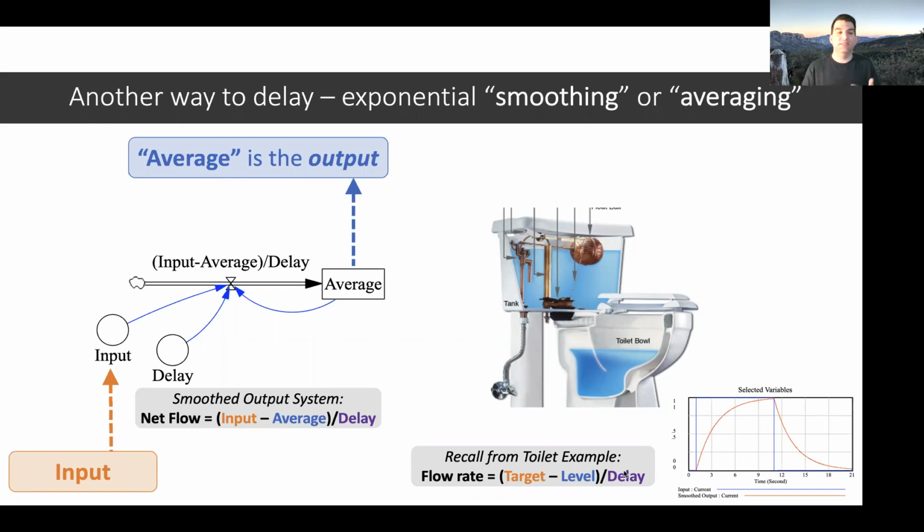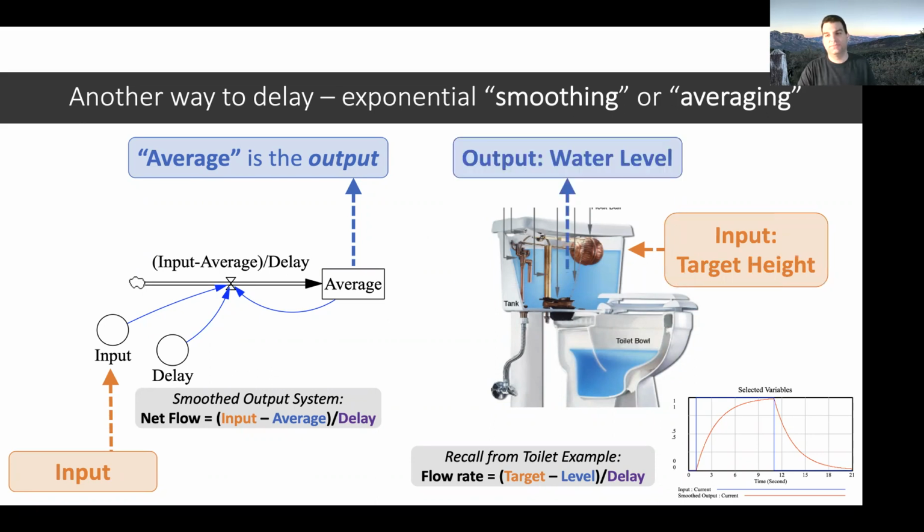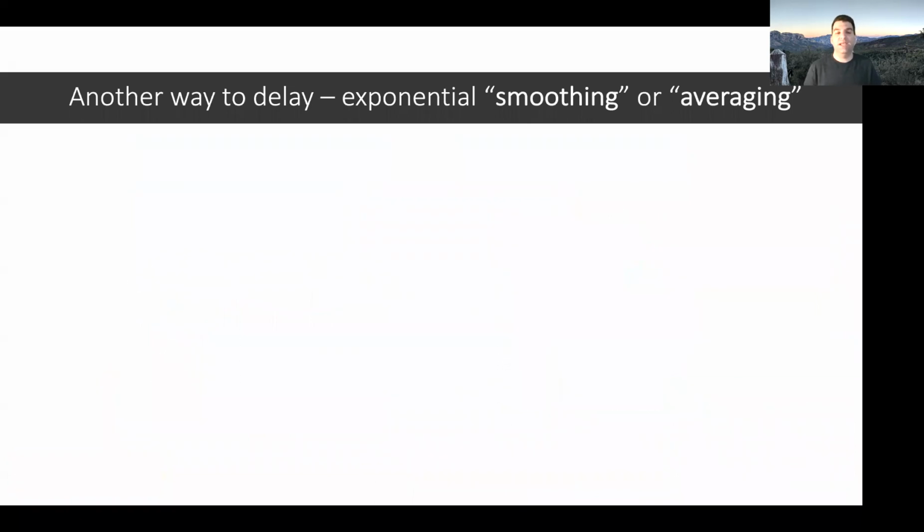And that bigger number was this delay that we're talking about here. So we've already seen this before. The input is the target height of the toilet, and the output is the water level.